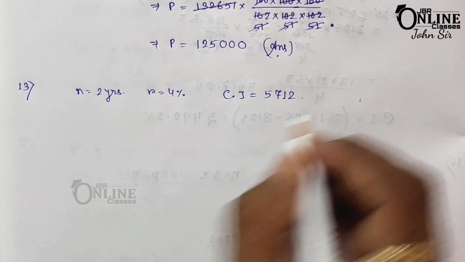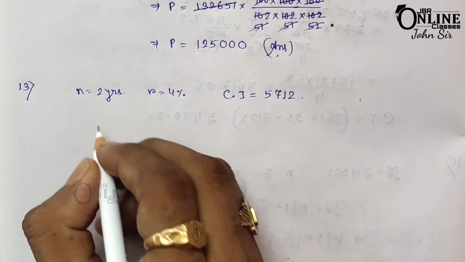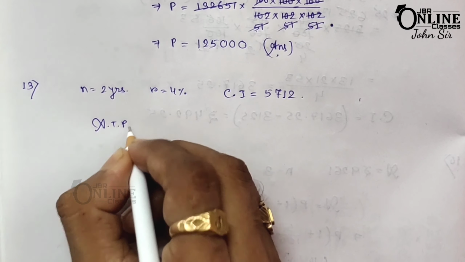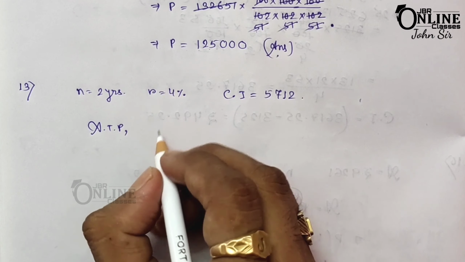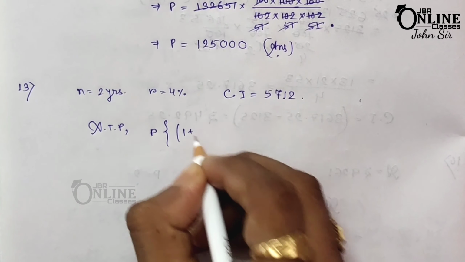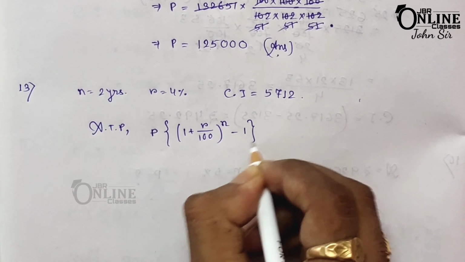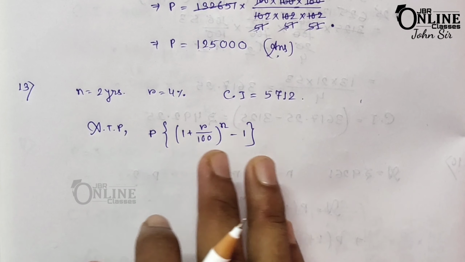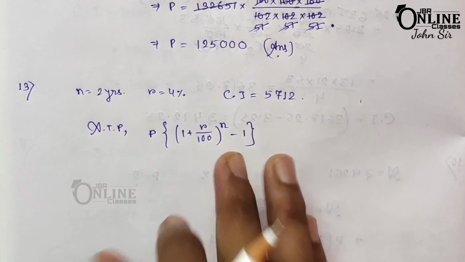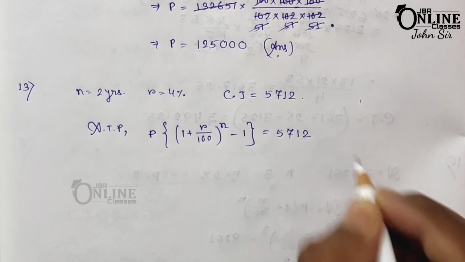Let the principal be P, and you can directly apply the formula to find the compound interest: P will be common, so 1 plus R by 100 whole to the power n minus 1, that is the formula of CI, equal to 5712.